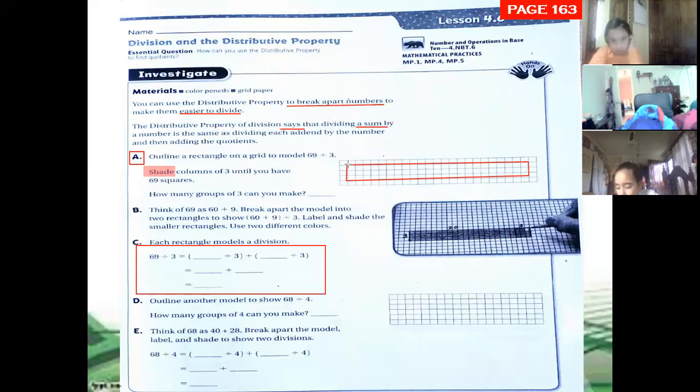So if we color 10, we have 30. I have 30 here. Please, I have two colors, red and green.